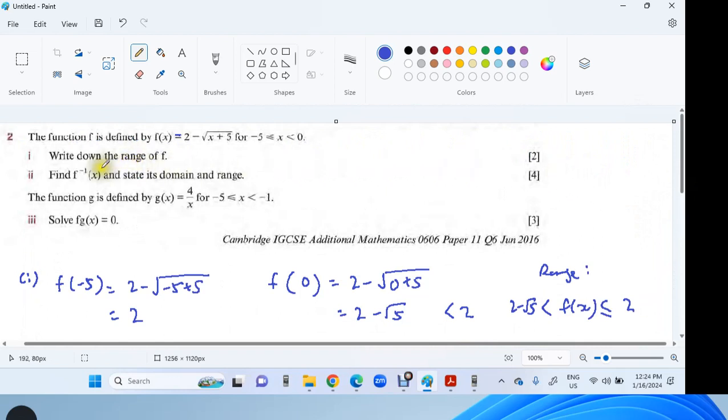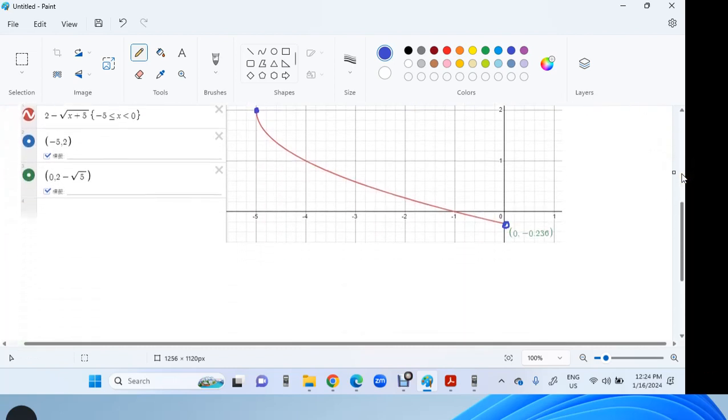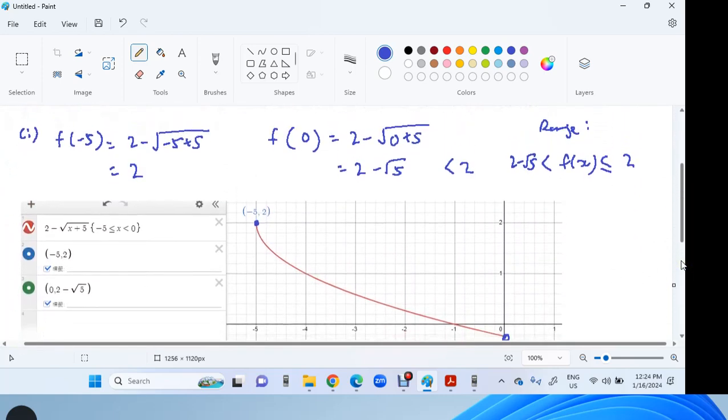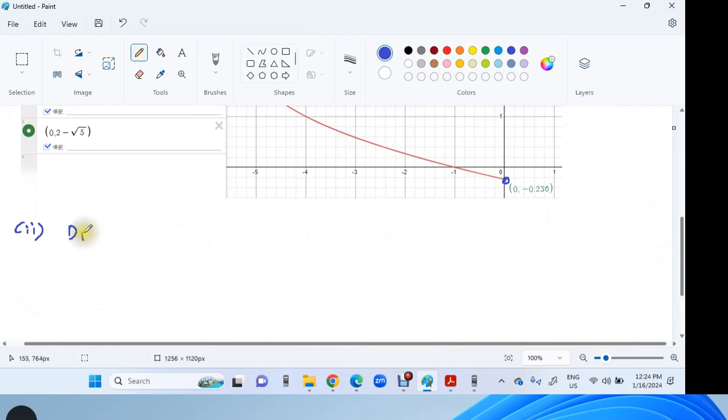So for number 2, we would need to find the f inverse and then state its domain and range. Okay, so we know that the domain of f inverse will equal the range of f.